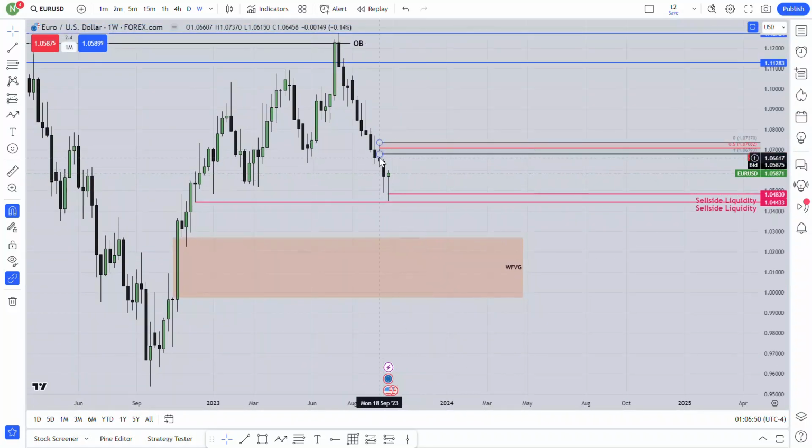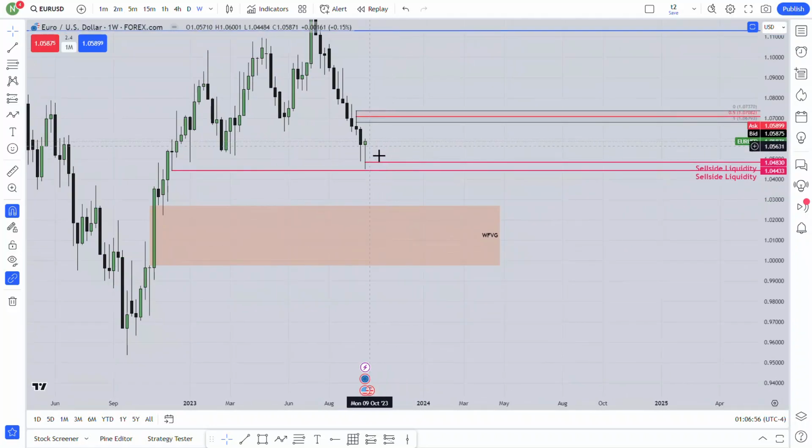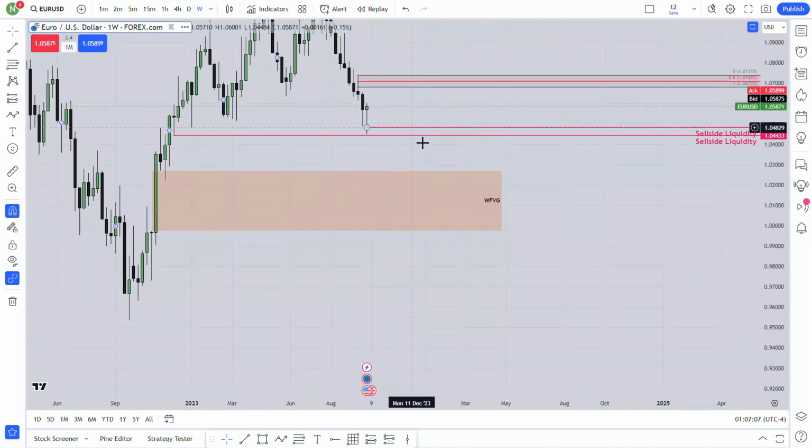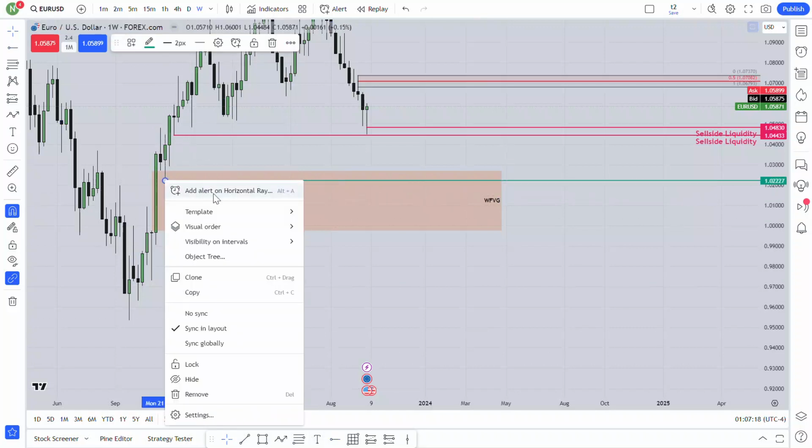You see this candle's weak, and when I'm on the lower time frame, I will talk about that. But right now, if it would like to go a little bit higher, it can go. This is the weekly chart, and my expectation is it will come lower, to this weekly fair value gap. You see this candle low and this candle high, this is the weekly fair value gap, and also there is the sell side liquidity below this low.